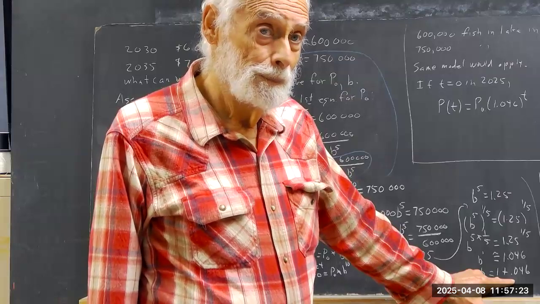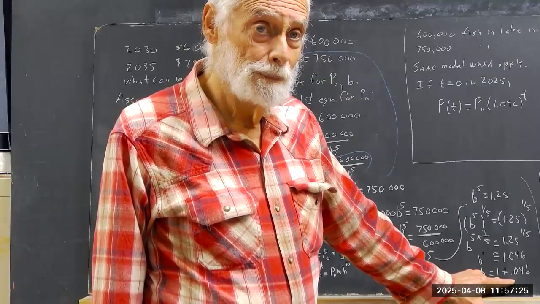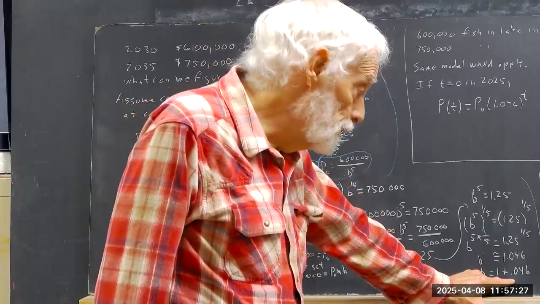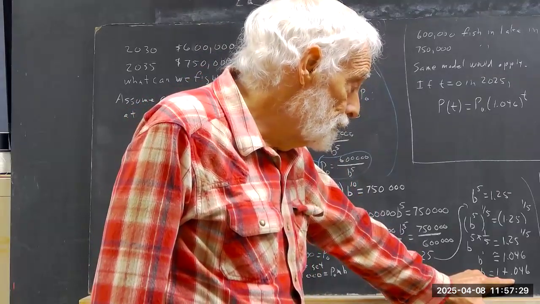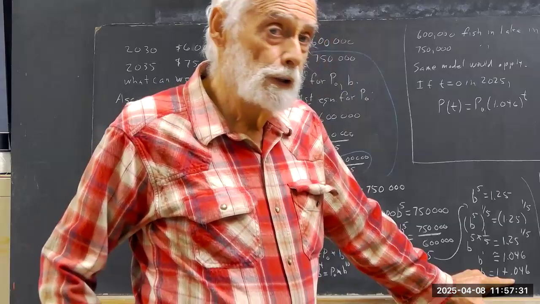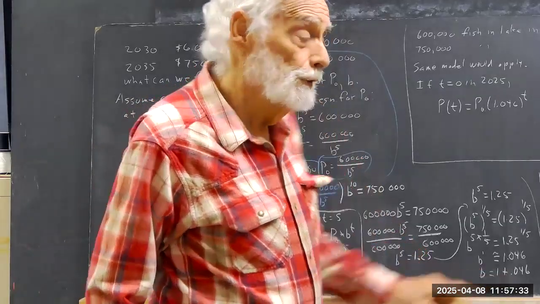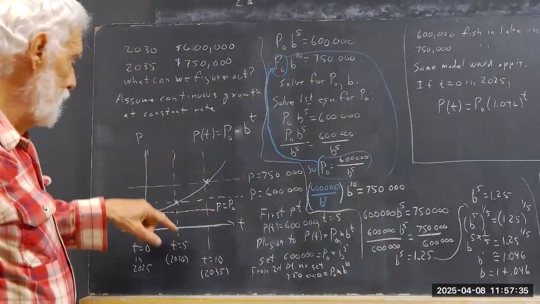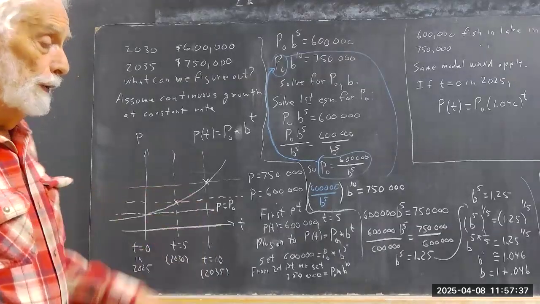Make sense? So this is telling you that your money is growing at an average of about 4.6% between 2030 and 2035.